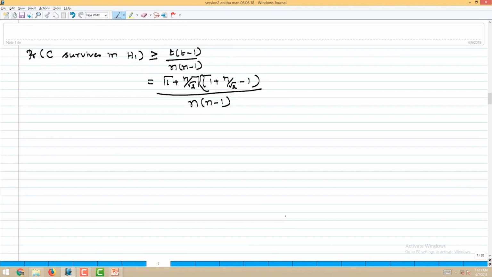Now, see, we are going to do some small approximation there, so that easily you can simplify. This is greater than or equal to, I will replace C of 1 plus n by root 2 by n by root 2, correct.